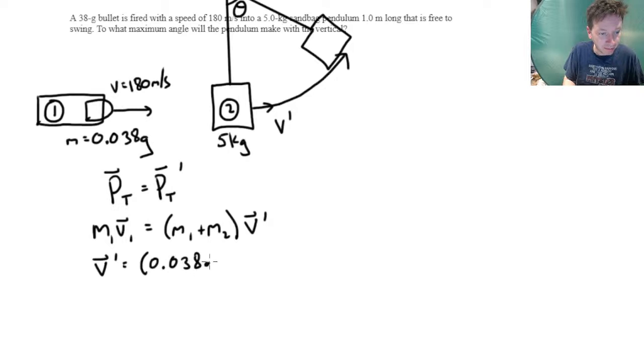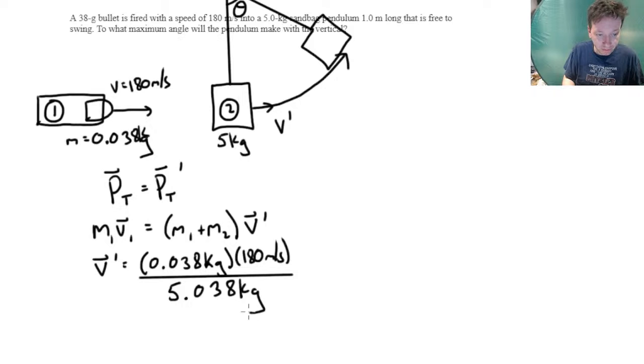0.038 kilograms, because I converted it, times its velocity, 180 meters per second, all divided by the sum of those masses. So we have 5 kilograms plus that 0.038, so 5.038 kilograms.